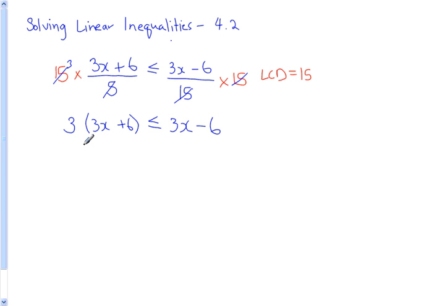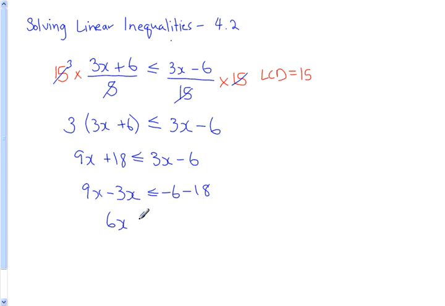Now I multiply and expand this one, so I get 9x plus 18 is less than or equal to 3x minus 6. Now, I want to collect like terms, so 9x minus 3x is less than or equal to minus 6 minus 18, which gives me 6x is less than or equal to negative 24.